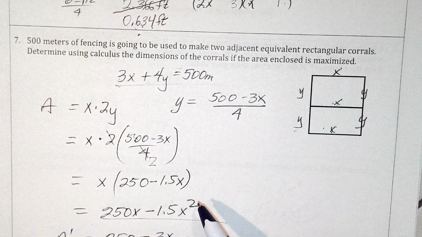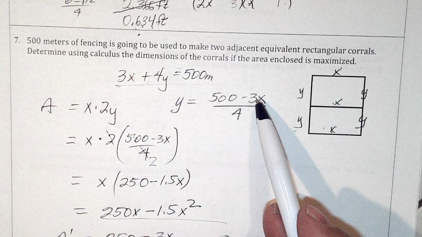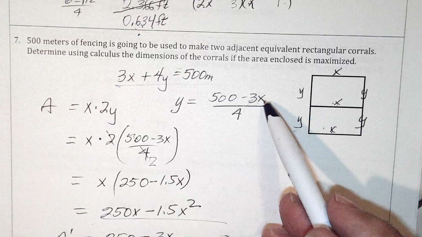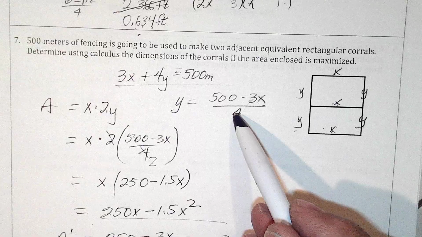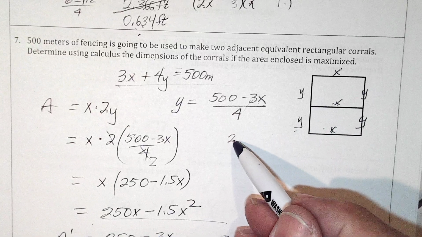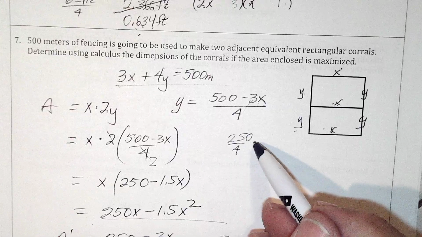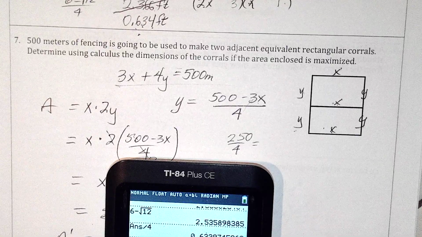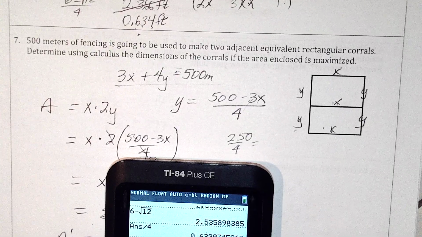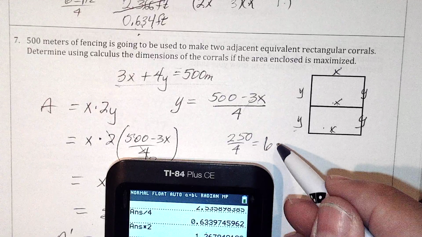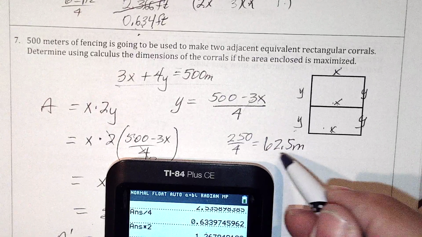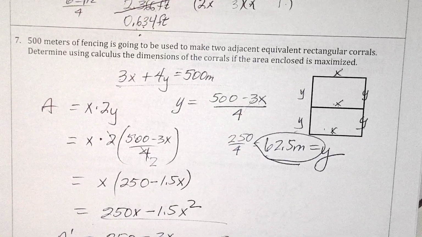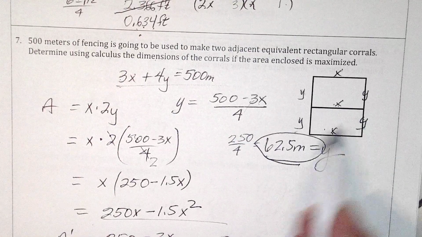So 3 times this is 250. 500 minus 250 leaves 250 for the y's, divided by 4. y is 250 divided by 4, which is 62.5 meters. And those are the dimensions of the pens. The x's are this, and the y's are that.